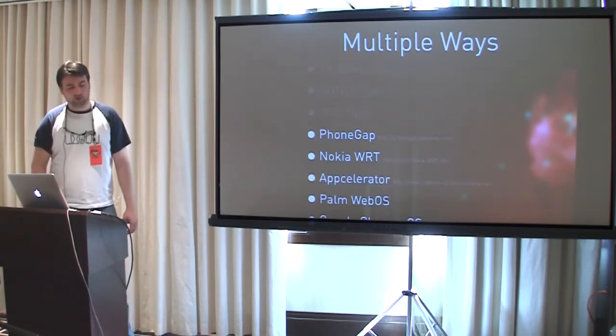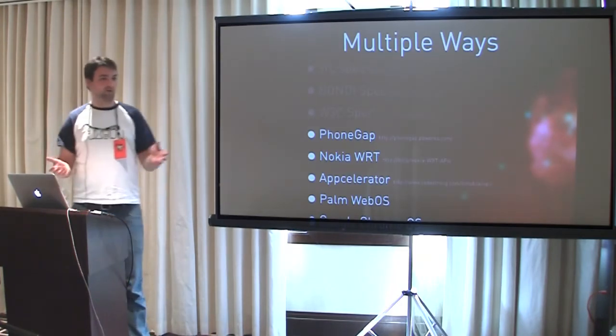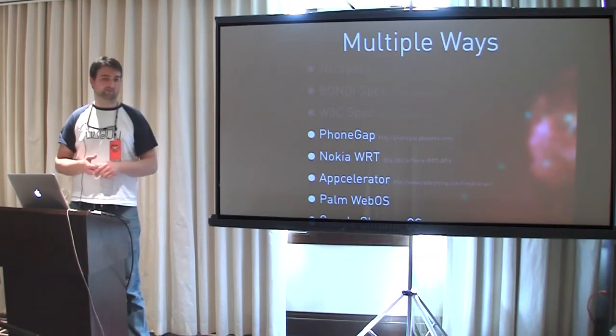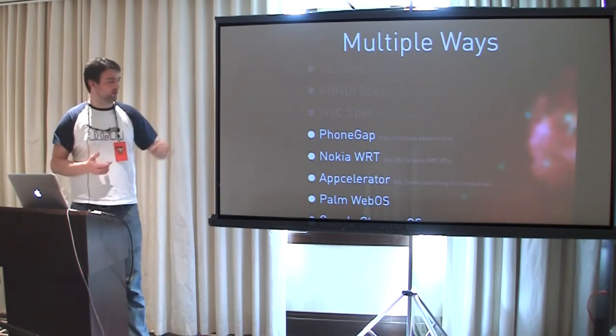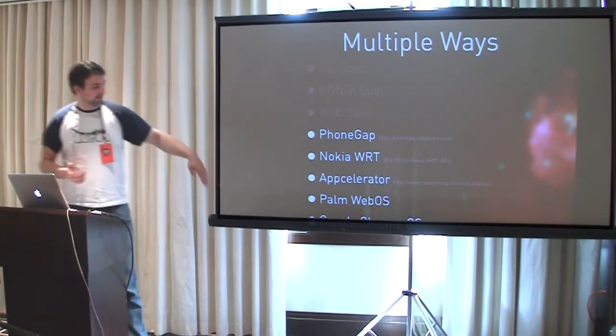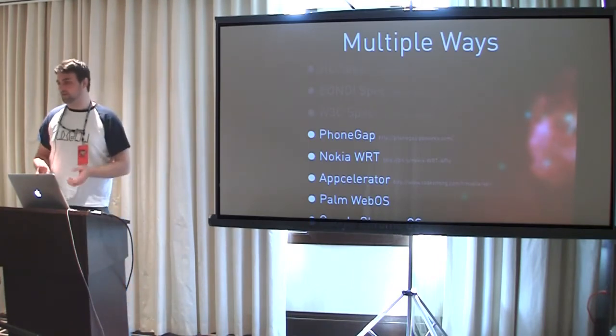And what we also have is, of course, PhoneGap. They have their own standard for how they access functionalities from their runtime. So these are all, and also Nokia WRT, Palm WebOS, they all defined their own API for the same thing.